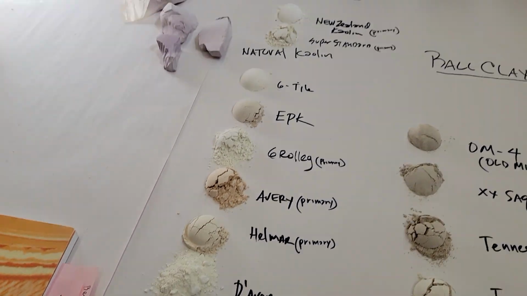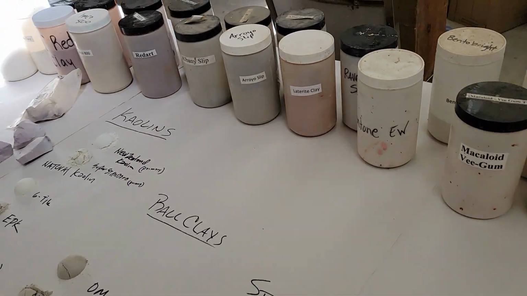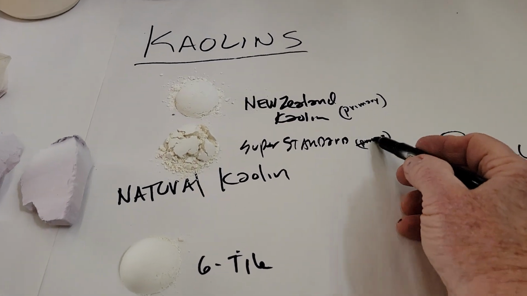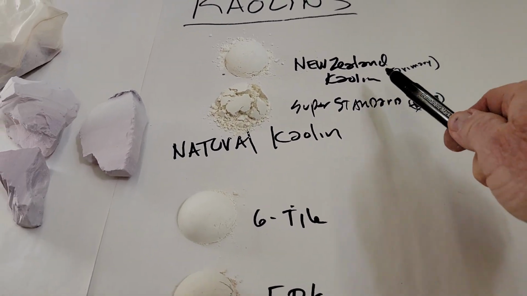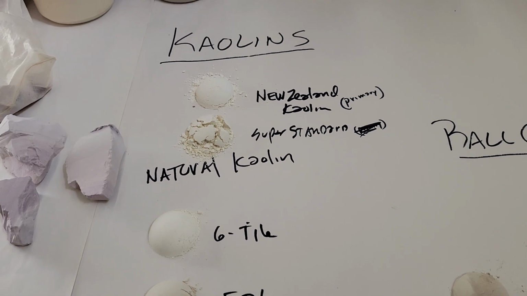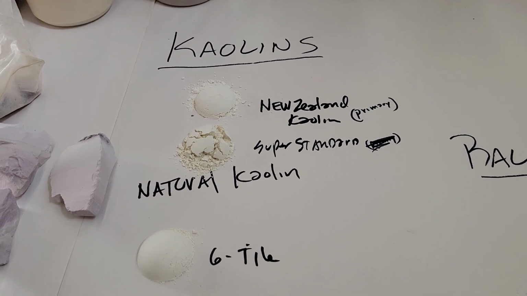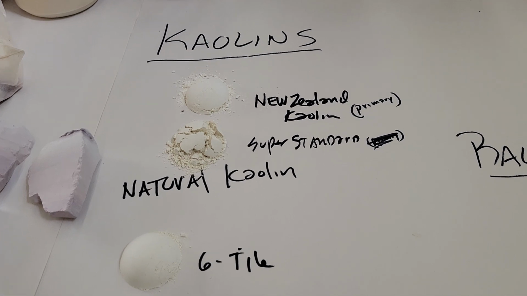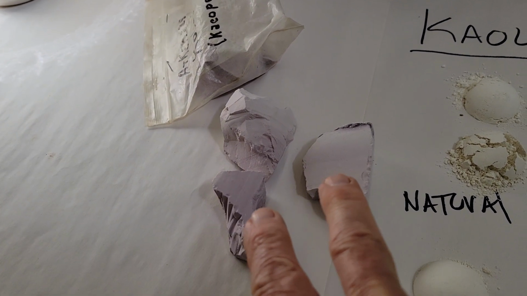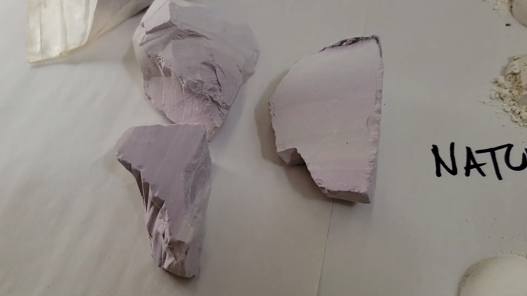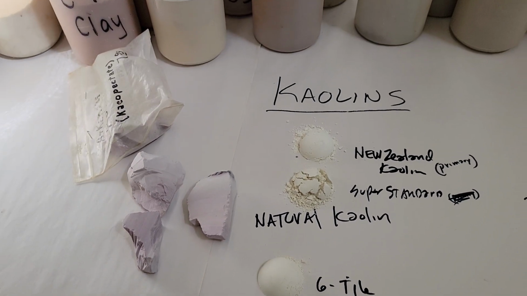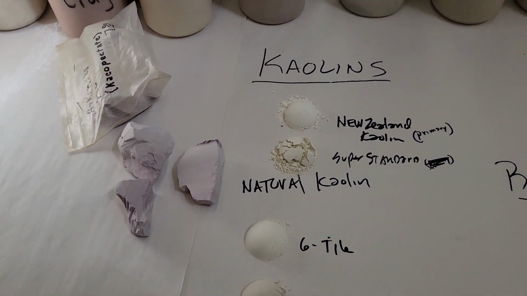So let me get my pen here a minute. I'm going to scratch some stuff out. So this is really a secondary kaolin. Well, now, New Zealand kaolin is primary. That's a magnificent kaolin from New Zealand. It's super pure and white. I just have this as a naturally occurring kaolin that I collected. It's very nice. Okay, so then Tile 6.